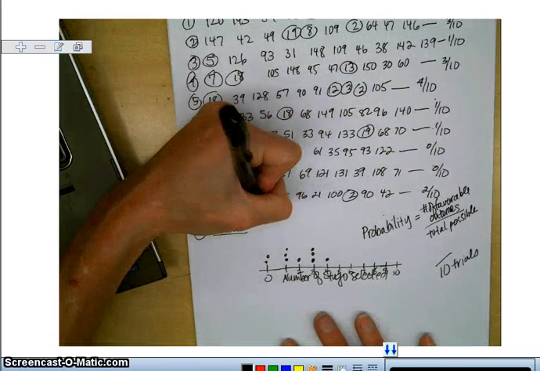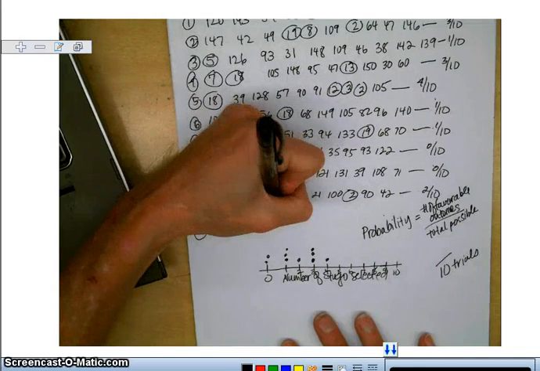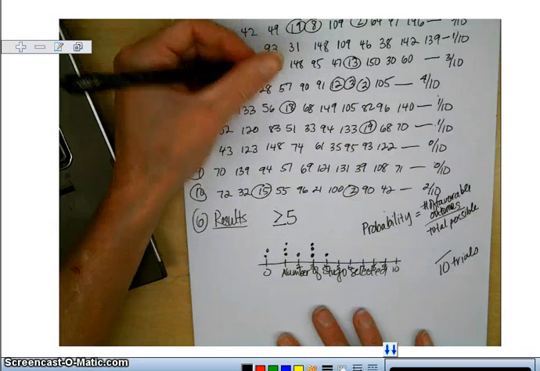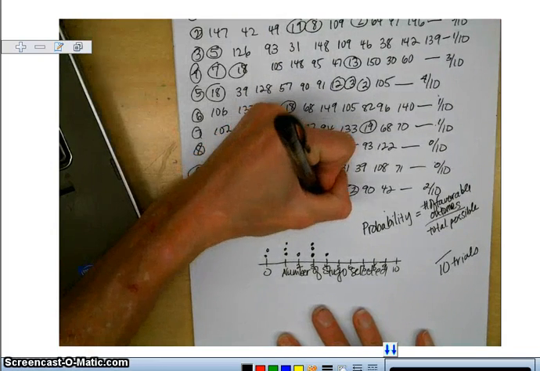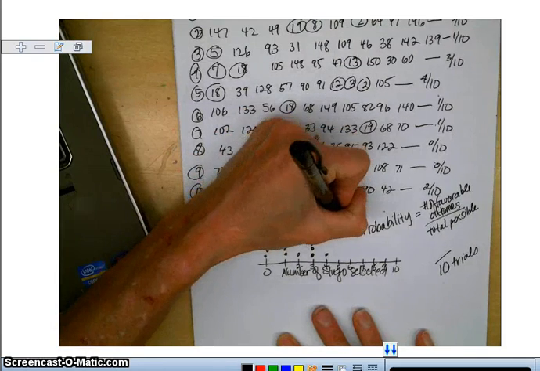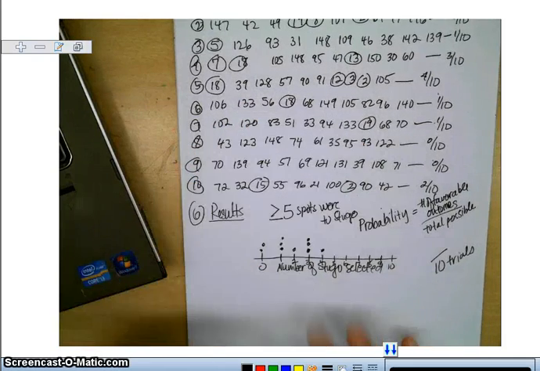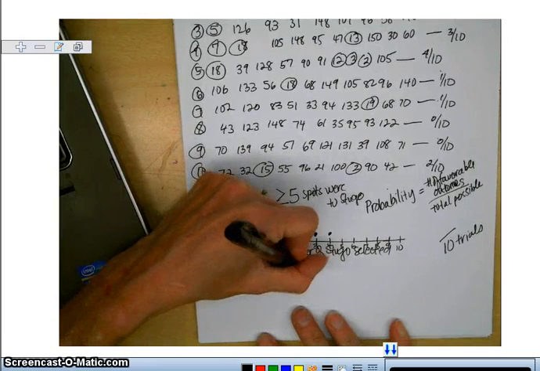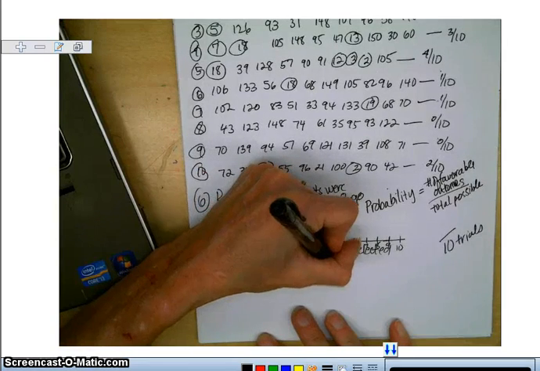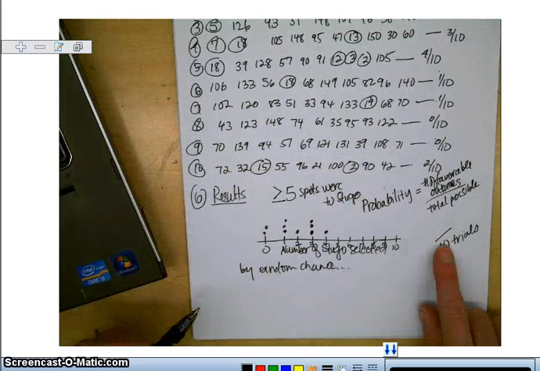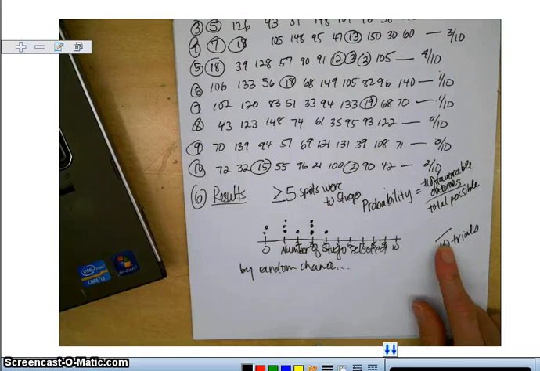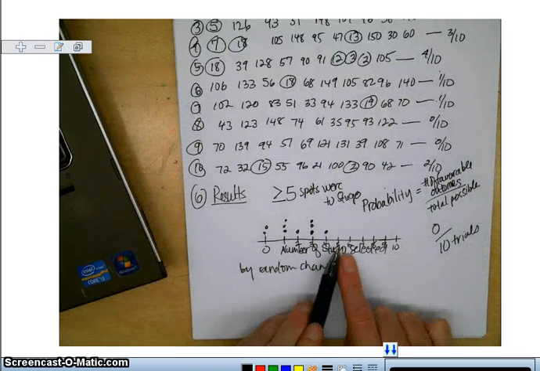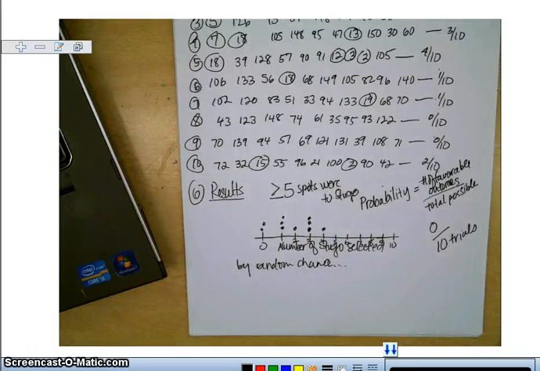The favorable results, we desired that greater than or equal to 5 spots were to Stugo. So by random chance, how many trials had 5 or more spots given to Stugo? None. None of our trials had 5 or more Stugo members getting those spots.